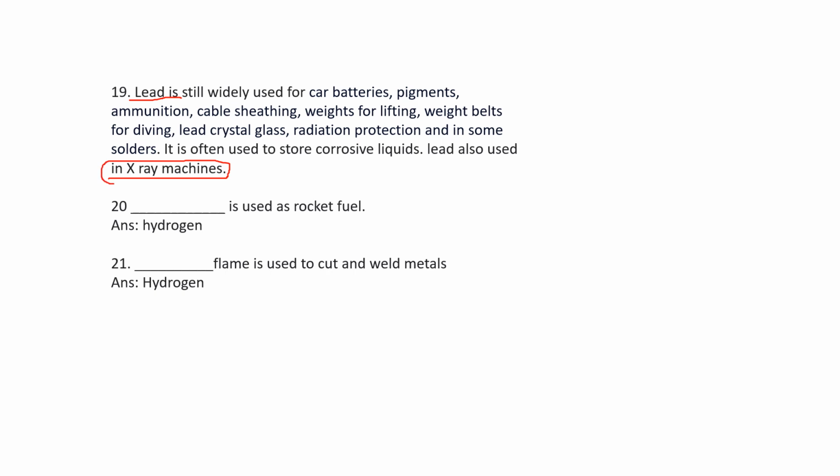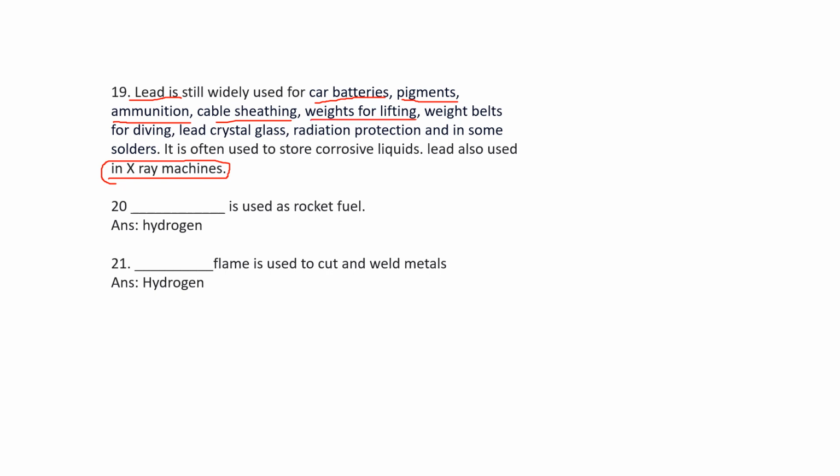Sometimes the question may arise: lead in X-ray machines. What we are using is lead. It is also widely used for car batteries, pigments, ammunition, cable sheathing. Inside the cable you can find lead.